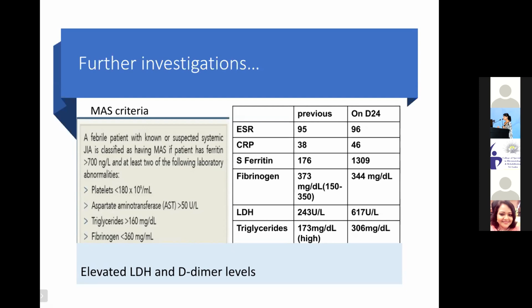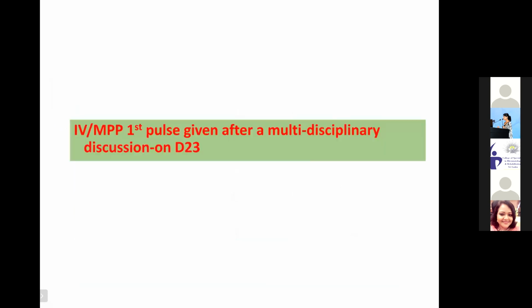So she met the criteria of macrophage activation syndrome at this point. Because of that, we started her on IV methylprednisolone. The first pulse was given after a multidisciplinary discussion on day 23.